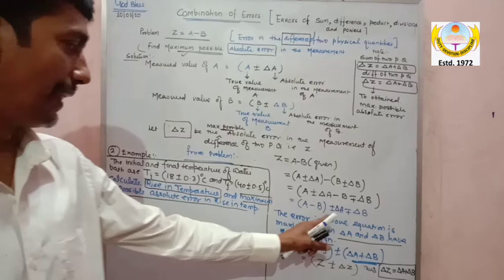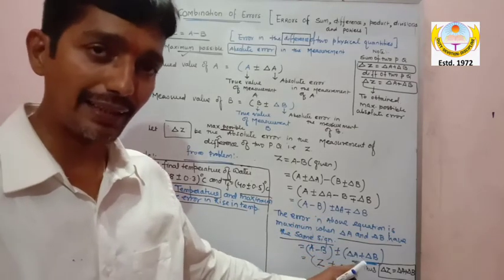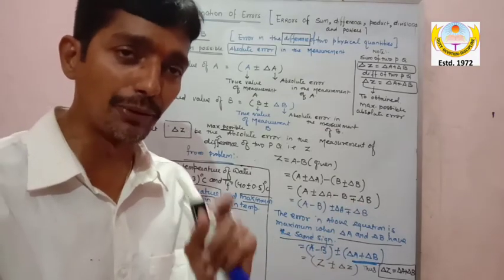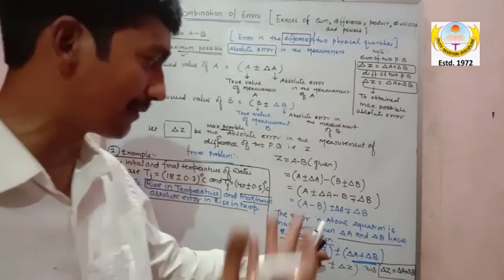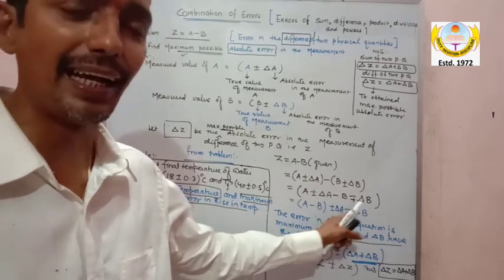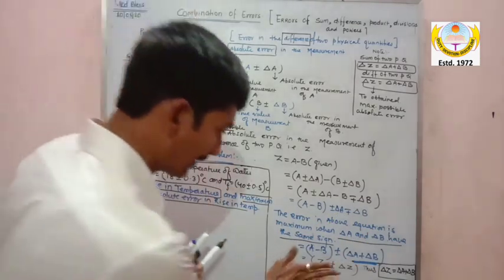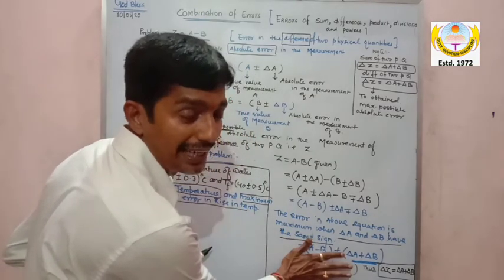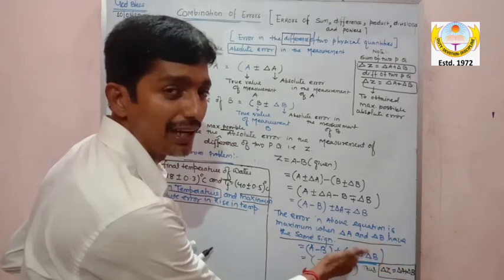And therefore, my dear, to get maximum possible absolute error, the error in A, delta A, and error in B, delta B, should have the same sign. So if you take plus delta A, delta B is also plus, so you can take plus delta A plus delta B. If I take delta A is 5 and delta B is 3, the answer will be plus 8.